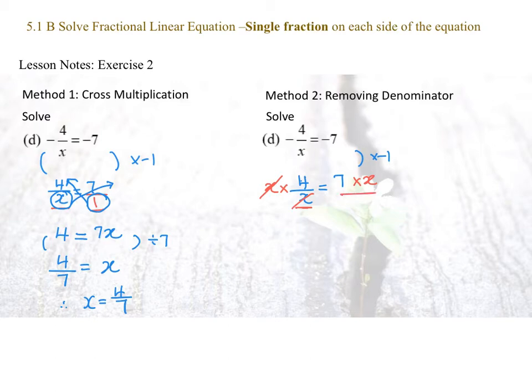And x will appear on this side of the equation. So I will effectively get 7x to be equals to 4. And how do we get 1 unit of x? It'll be 4 over 7. And therefore, x will be equals to 4 over 7. So both of them are actually the same method. You receive the same answer. Let's try the next question.